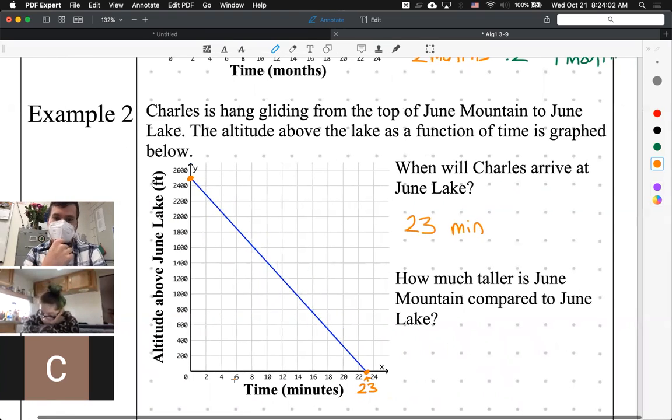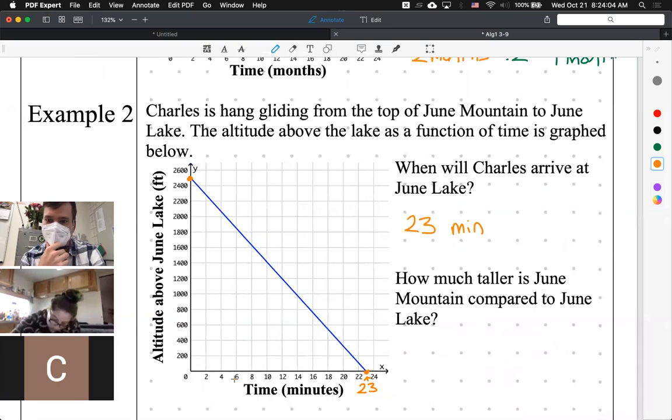If you read Charles's hang gliding, that's where Charles started. So it's where time is equal to 0. He hasn't started yet, and since he starts at the top, that must be the top. Yeah. All right. Thank you. Everyone, write it down. The answer here is 2500 feet.